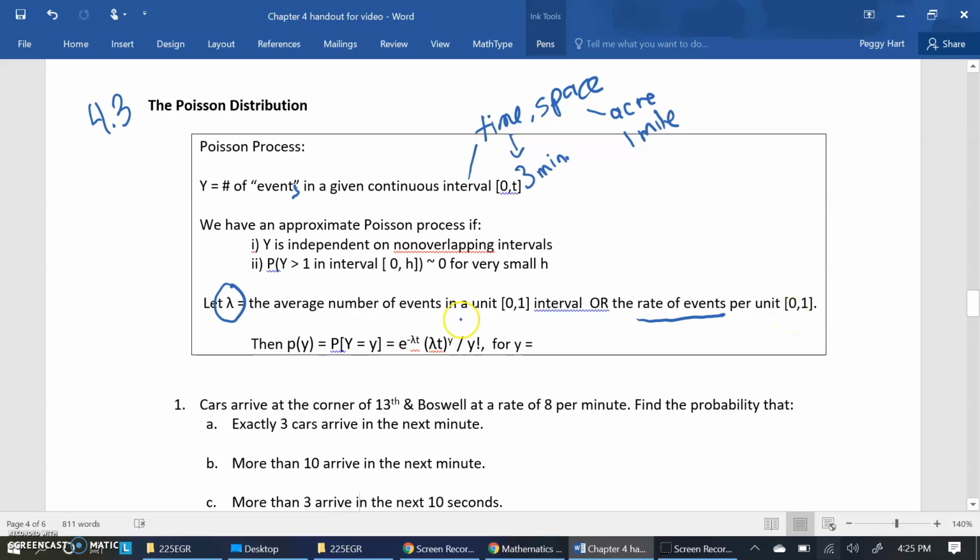All right, and then we're given this formula. It's harder to explain, but we know y is the number of events. So we know there could be 0 events. There could be 1 event. There could be 2 events. 3. Now, is there a top number of events we could have in a certain interval? Well, I mean, the probability will probably get reduced, but no, this could go on forever.